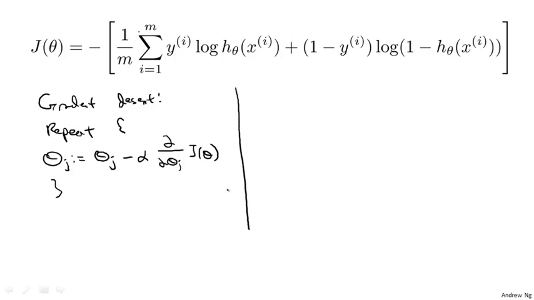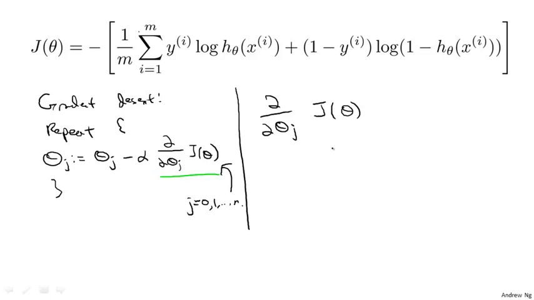And similar to when we were working out linear regression, we need to figure out what the partial derivative with respect to theta j of this cost function is. Of course, in gradient descent, we do this for all values of j equals 0, 1, up to n.